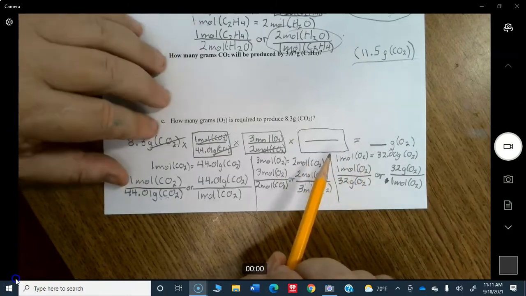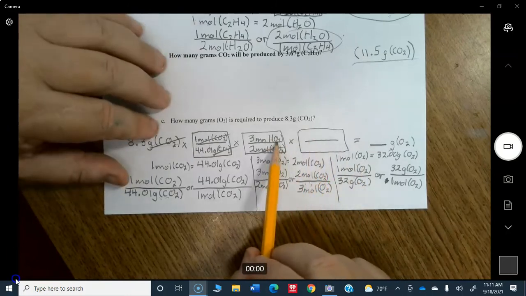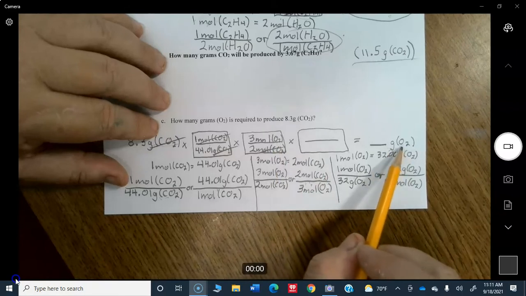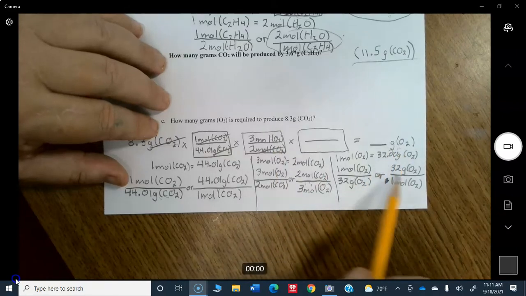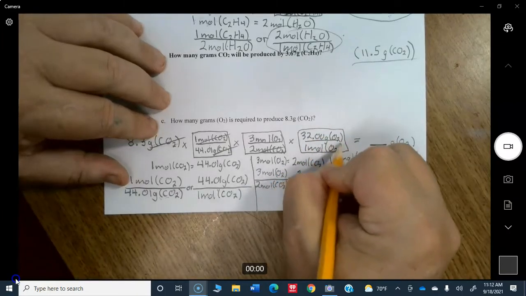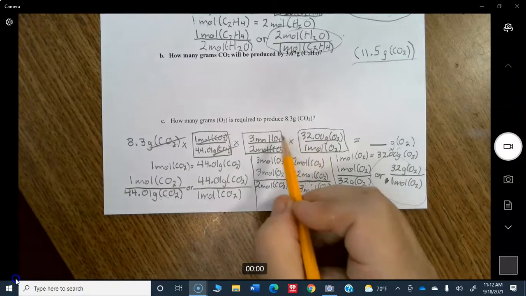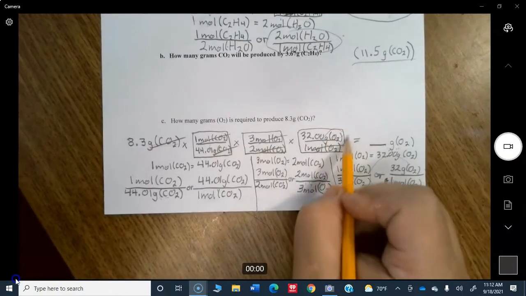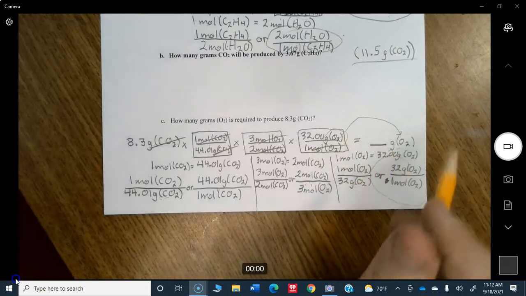So again, you have two ways to recognize it. You have moles of O2 that have to cancel because they don't appear in the final answer, and you need grams of O2 to appear on the top for the final answer. So it's going to be the second one right here. Moles of O2 cancels with moles of O2. The only unit left is grams of O2, which does appear in the final answer.